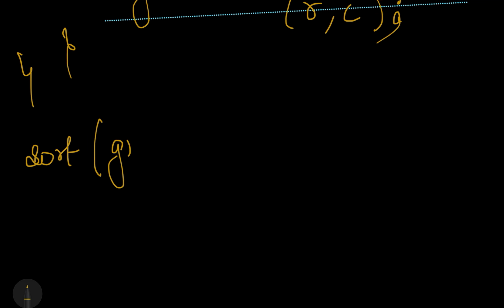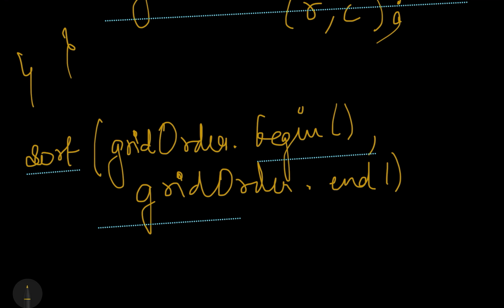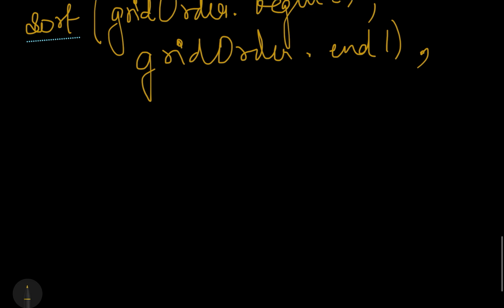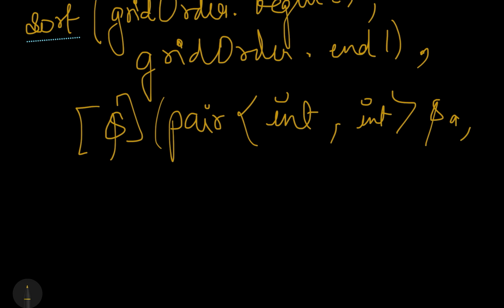Then we'll simply sort these cells in decreasing order: grid order dot begin, comma, grid order dot end. And what is the condition? We have to sort them not in increasing order but in decreasing order.